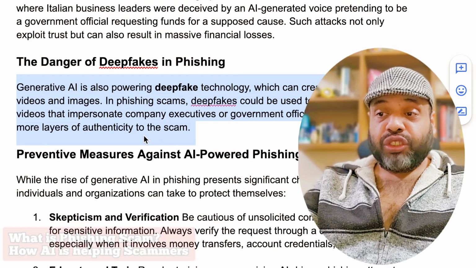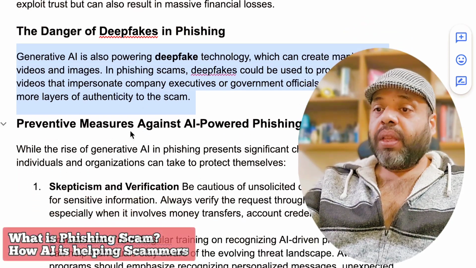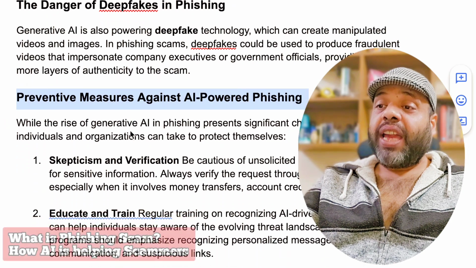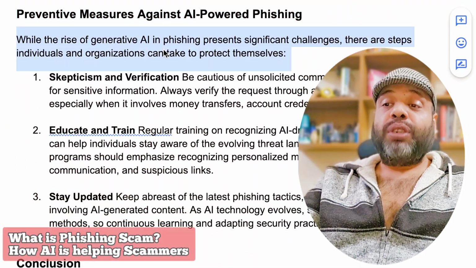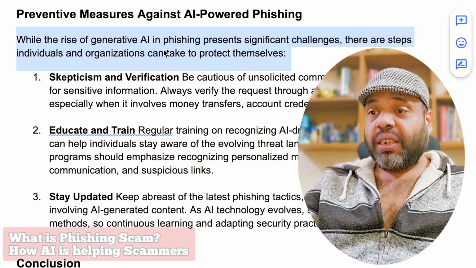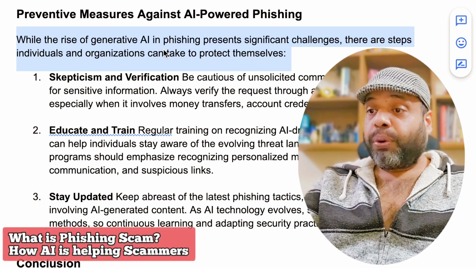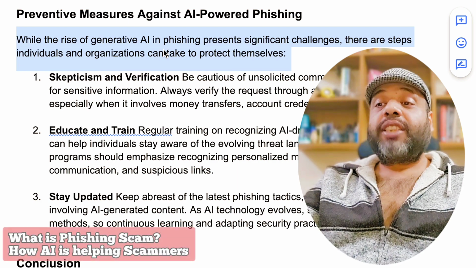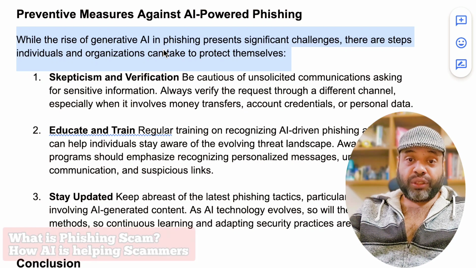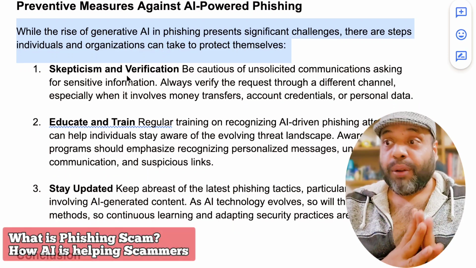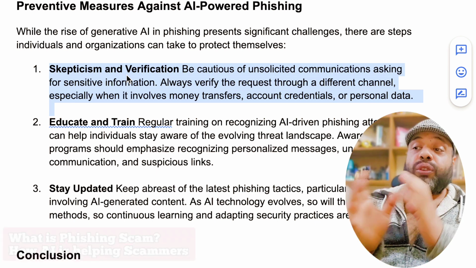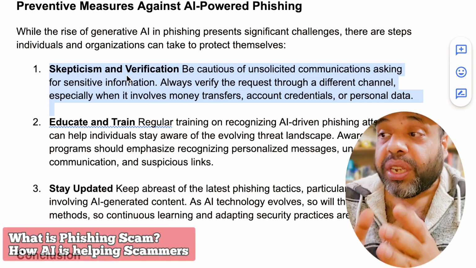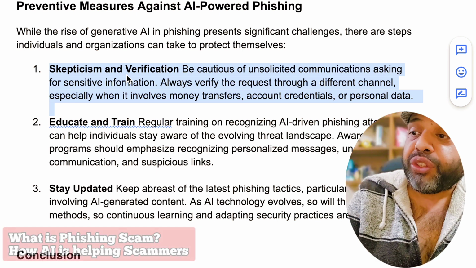Preventive measures against AI-powered phishing. While the rise of generative AI in phishing presents significant challenges, there are steps individuals and organizations can take to protect themselves. Skepticism and verification. That's the only step that I would know of right now, right? Be cautious of unsolicited communications asking for sensitive information.